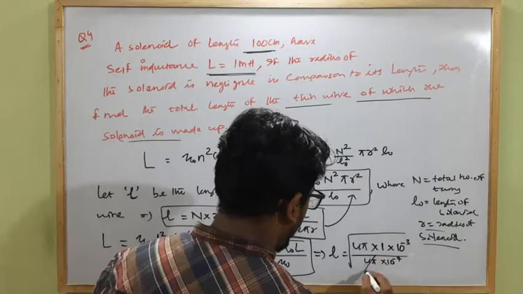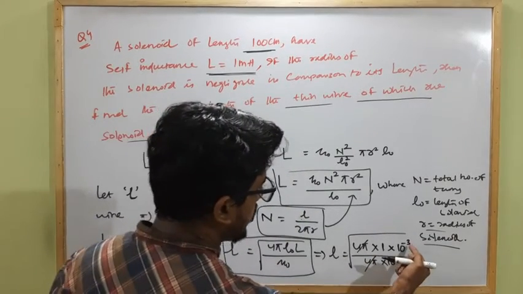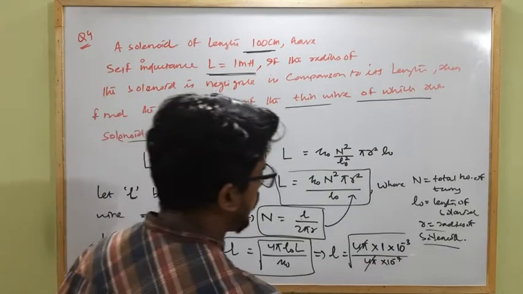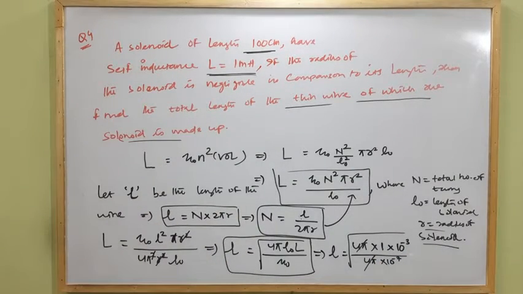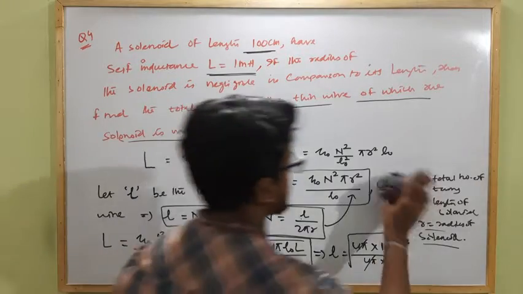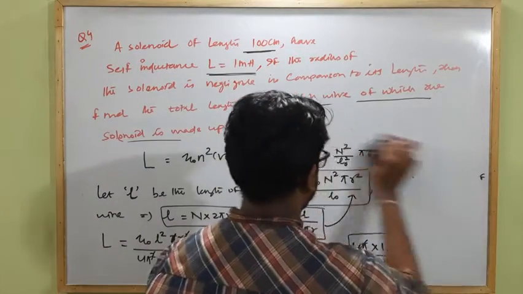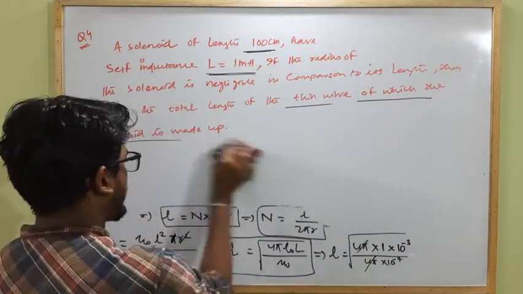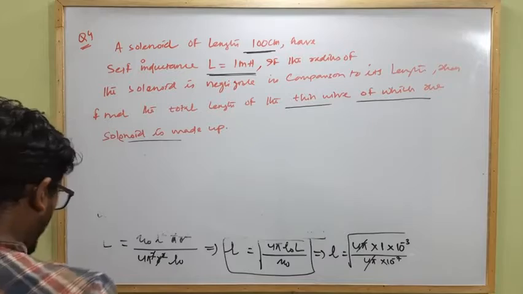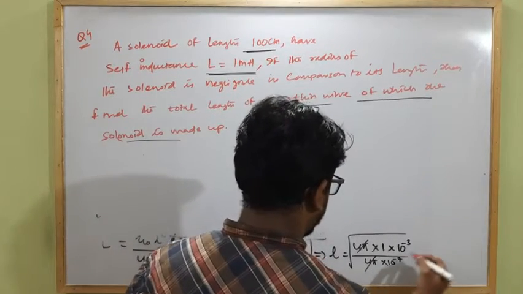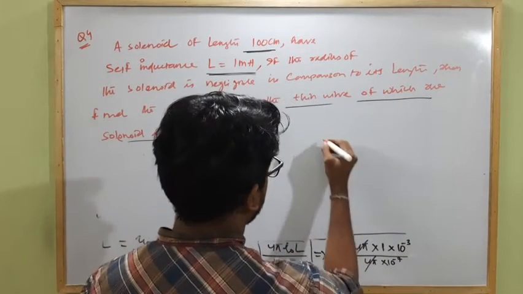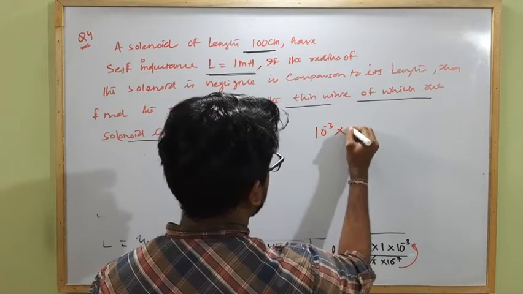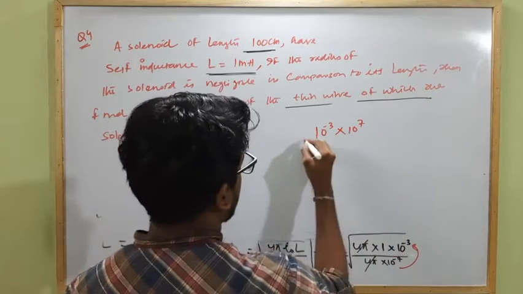So 4 pi will get cancelled, so it will be 10 to the minus 3 over 10 to the minus 7, which is 10 to the minus 3 into 10 to the power 7, under root.